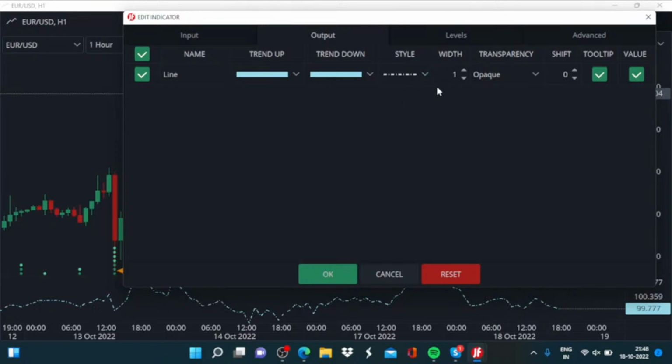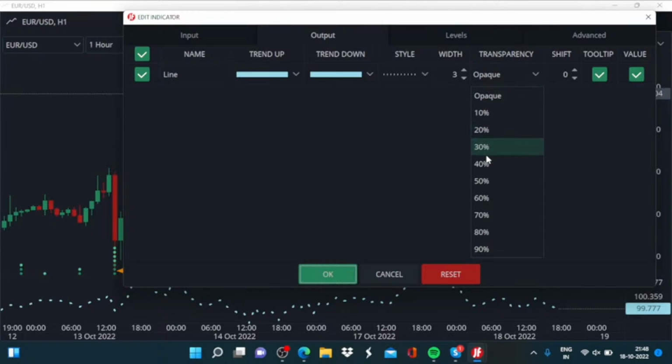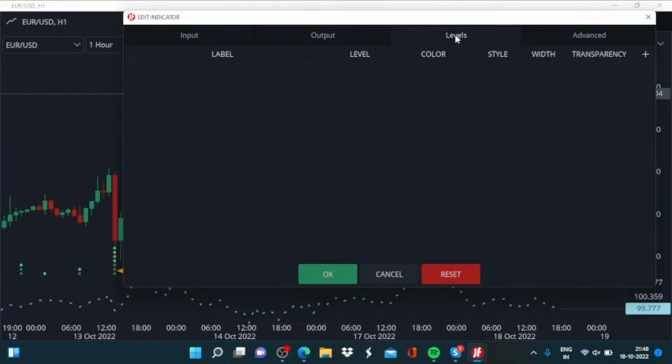So you can try it out one by one, and whatever style catches your fancy, you can go for that. You can increase or decrease the width, and the transparency option is also given to you. If you want this indicator output to not be too prominent on the chart, then you can go for lower transparency output.